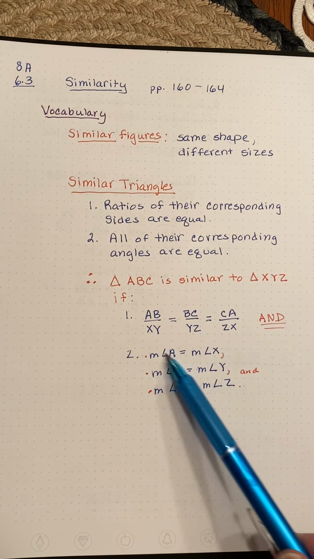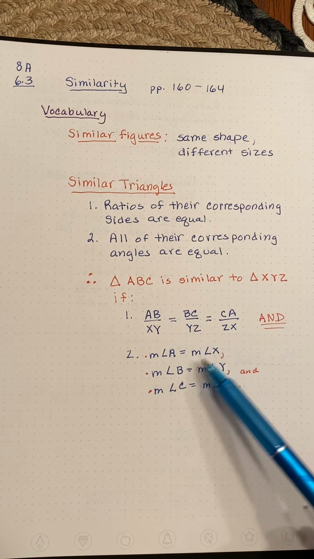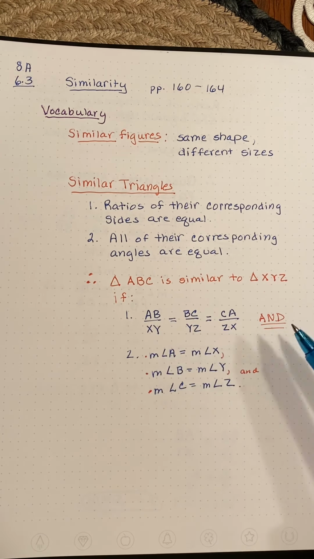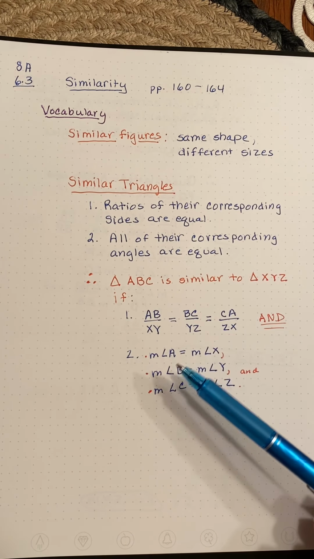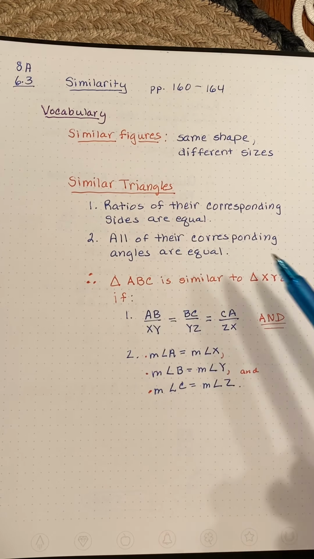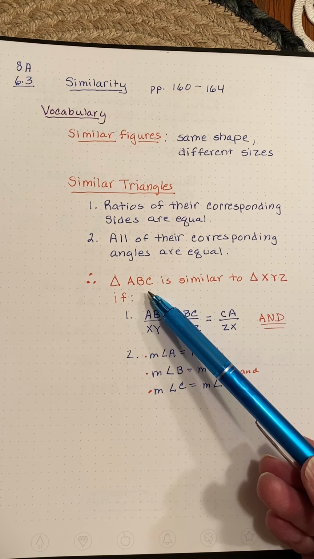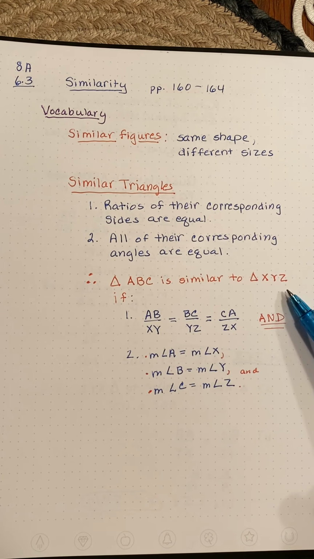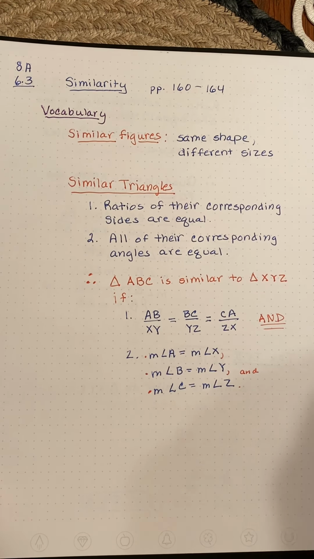So if all of those are equal in ratio, and if angle A is equal to angle X, and angle B is equal to angle Y, and angle C is equal to angle Z, then we will have two similar triangles.